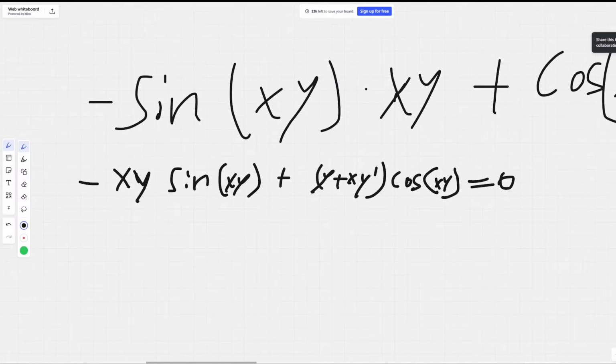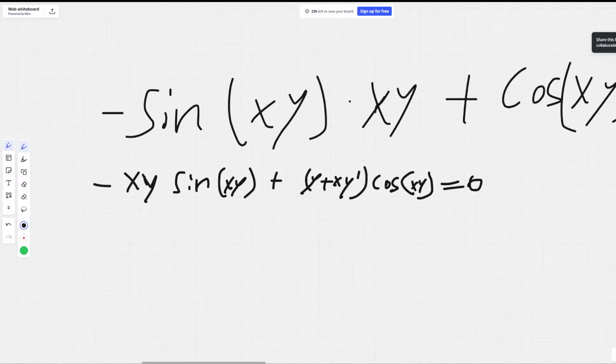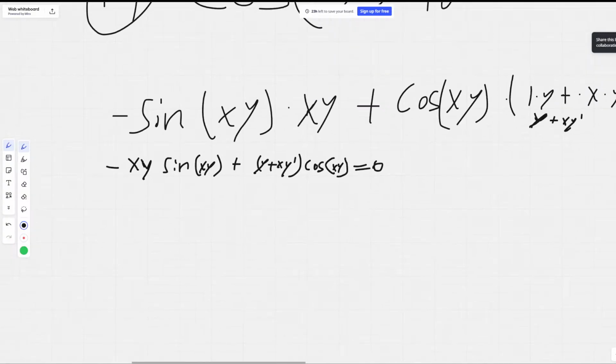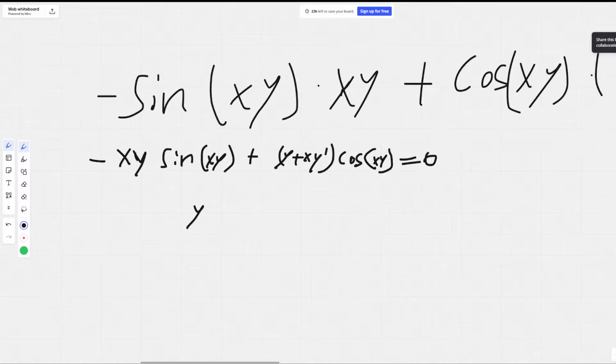Perfect. What am I doing again? Y plus x y prime. Almost forgot that. Times cosine xy equals xy sine.